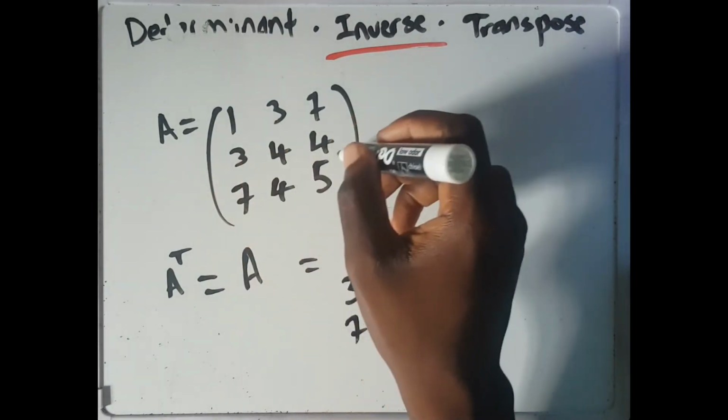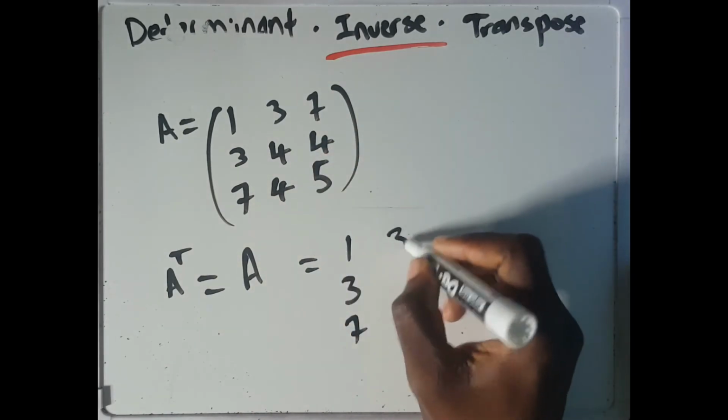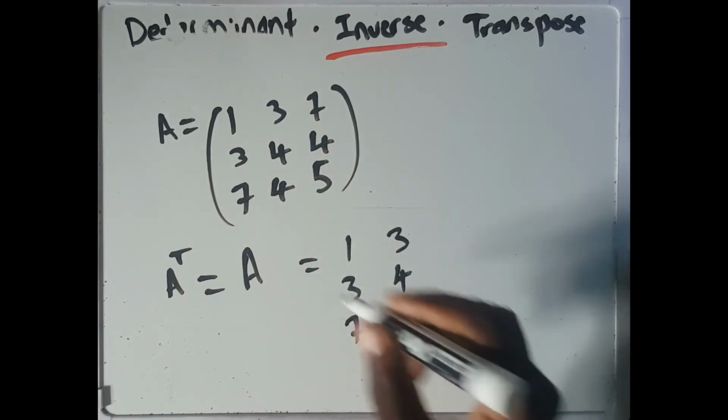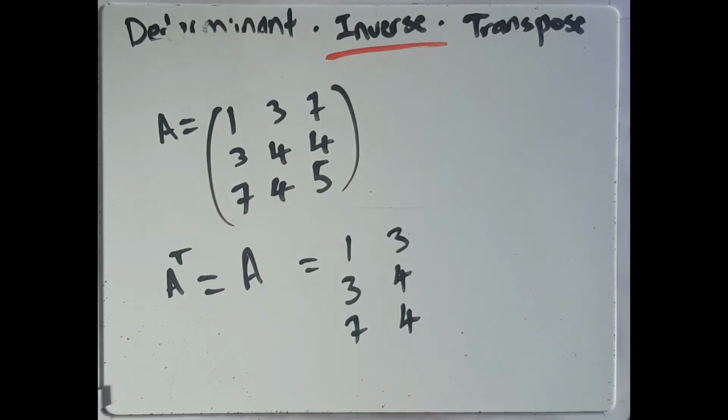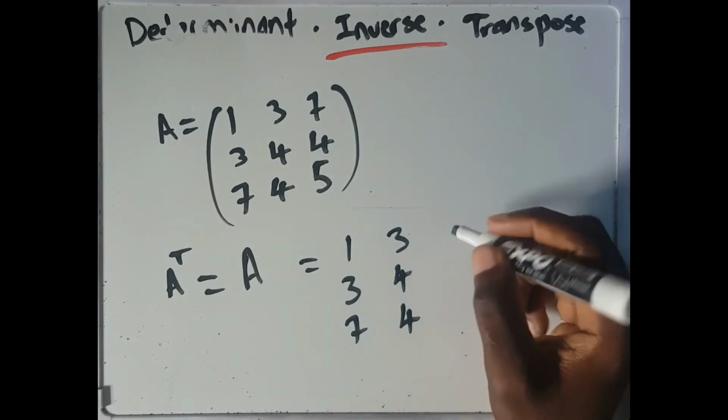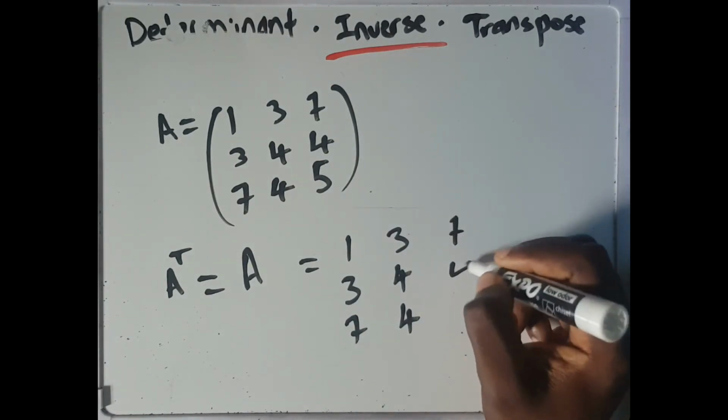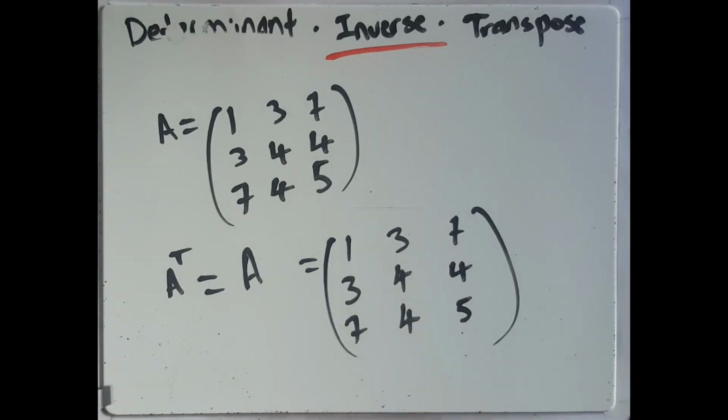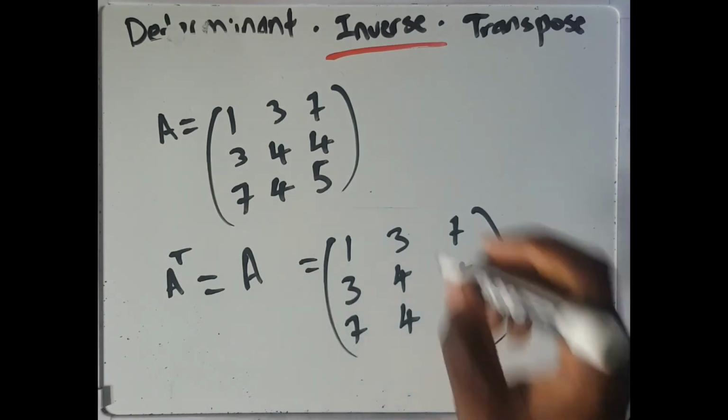Then for the second row, I'd have 3, 4, 4. And for this row, I'd have 7, 4, 5. And that is the transpose of a matrix, and you can see that A is equal to its transpose, making it symmetric.